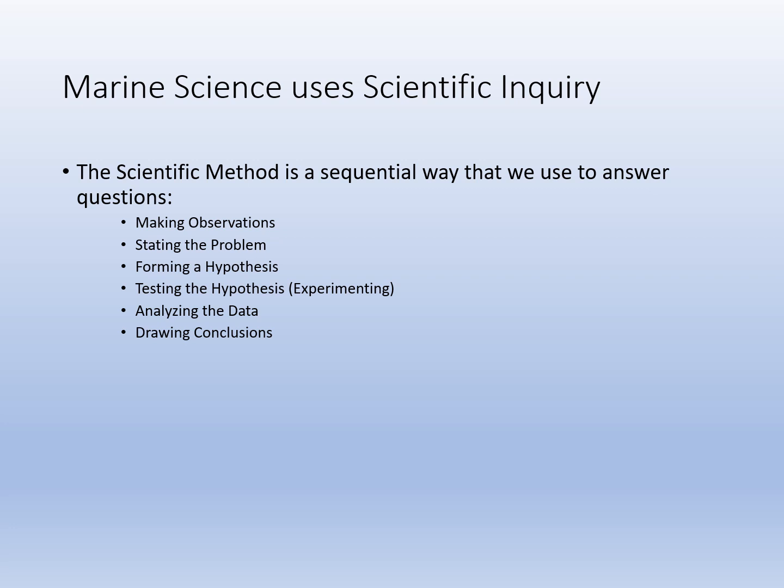Forming a hypothesis is an if-then hypothetical answer to that question or problem that is based on your observations. Then we test the hypothesis with an experiment, measure the data, analyze it, and then draw our conclusions. So the scientific method is a systematic, sequential series of steps used to explain things.